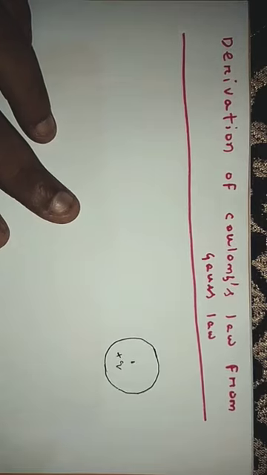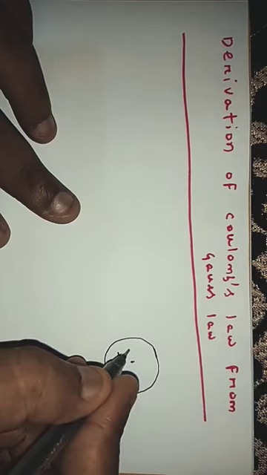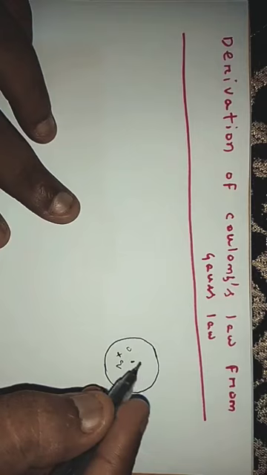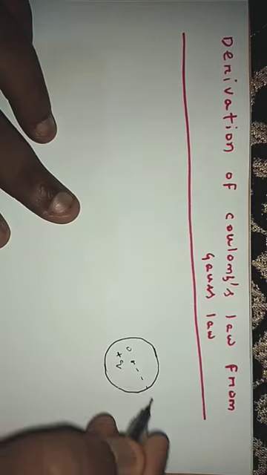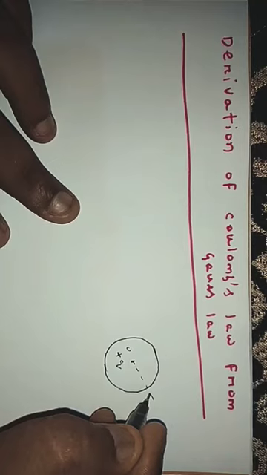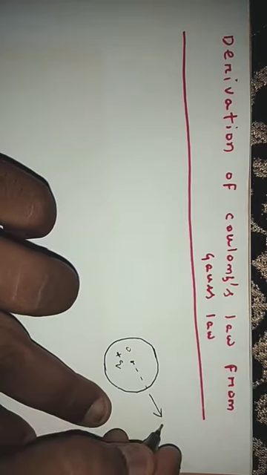Let us consider a spherical Gaussian surface with a charge plus q at the center of the sphere. Then the magnitude of electric field intensity is directed radially outwards.